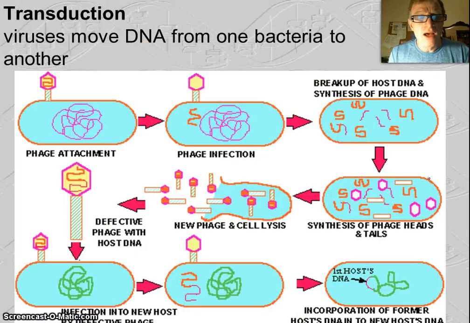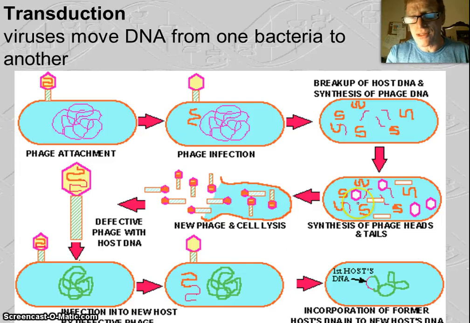The first one is called transduction. Trans means across, transduction, moving from one to another. So what can happen is viruses, when they insert their viral DNA and they cause the production of viral components, oftentimes make mistakes and are sloppy.